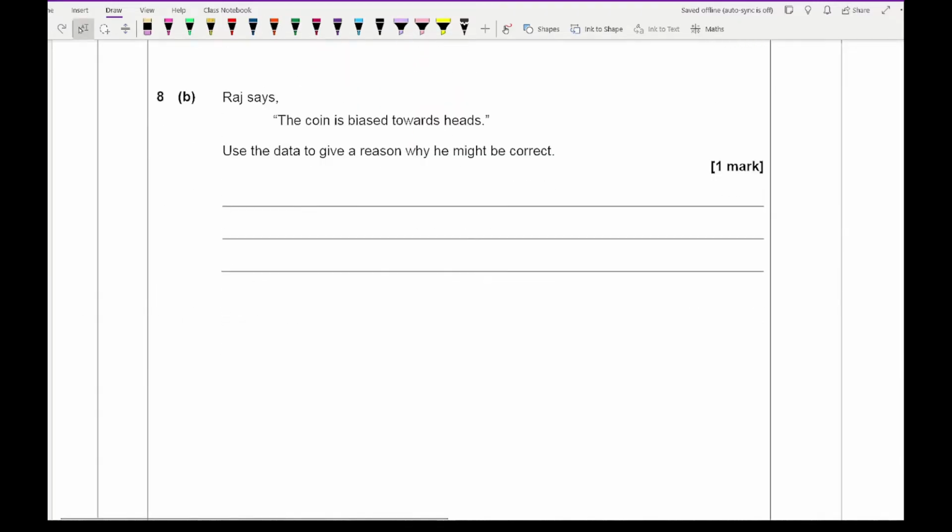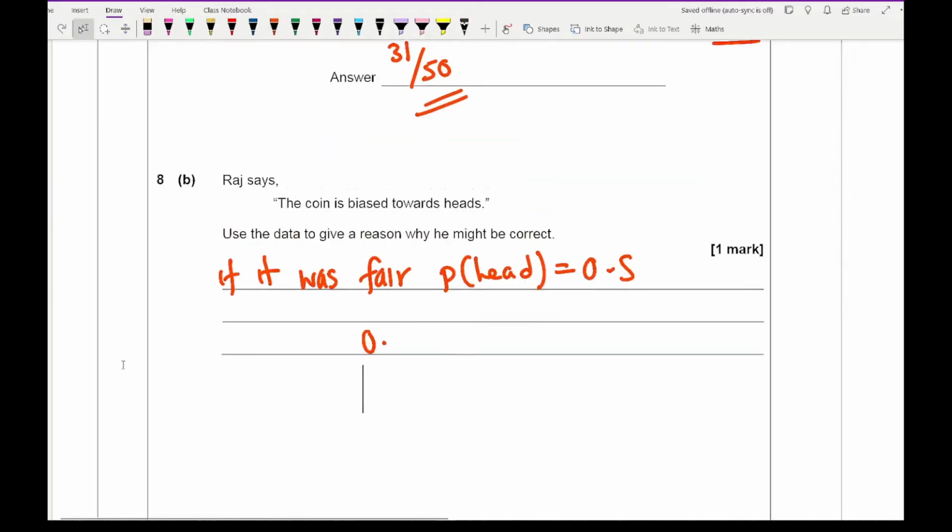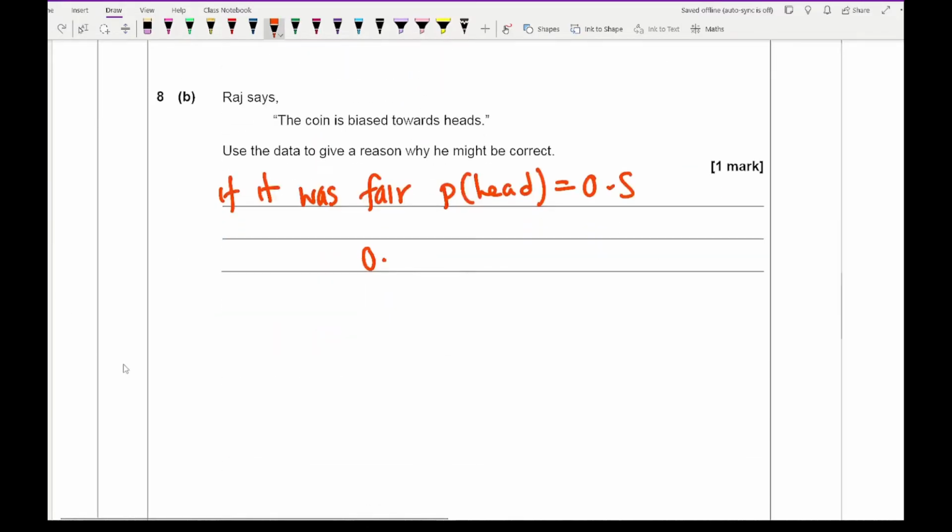It then says that Raj says that the coin is biased towards heads. Use the data to give a reason why he might be correct. And the reason could be that if it was fair, then the probability of a head would be close to 0.5. 31 over 50 is going to be 0.62.